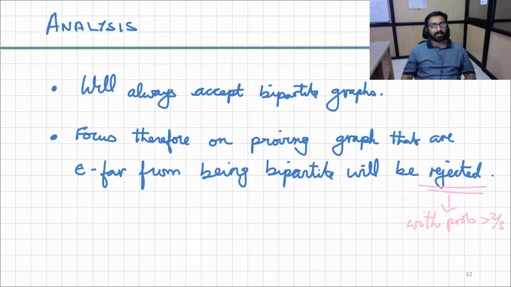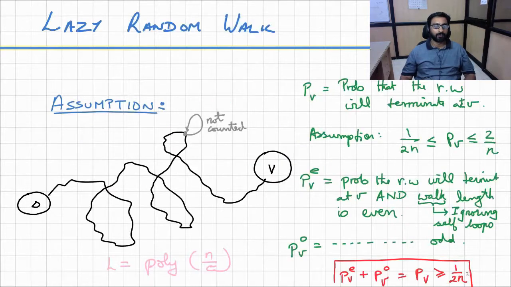Of course, clearly this algorithm is always going to be correct if the input graph is bipartite. So moving into analysis, all we need to do is focus on proving that graphs that are epsilon far from being bipartite will be rejected. And this we will want to reject with some constant probability, let's say 2/3.